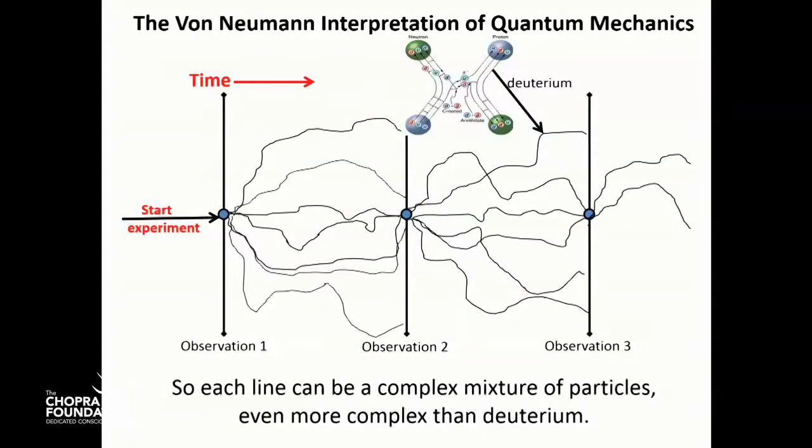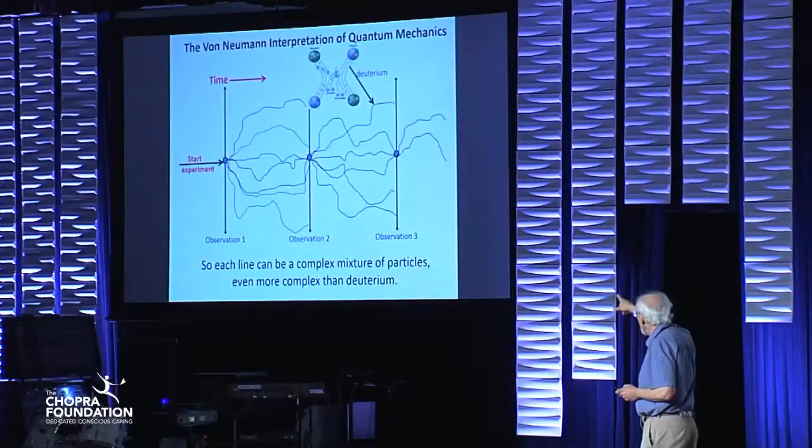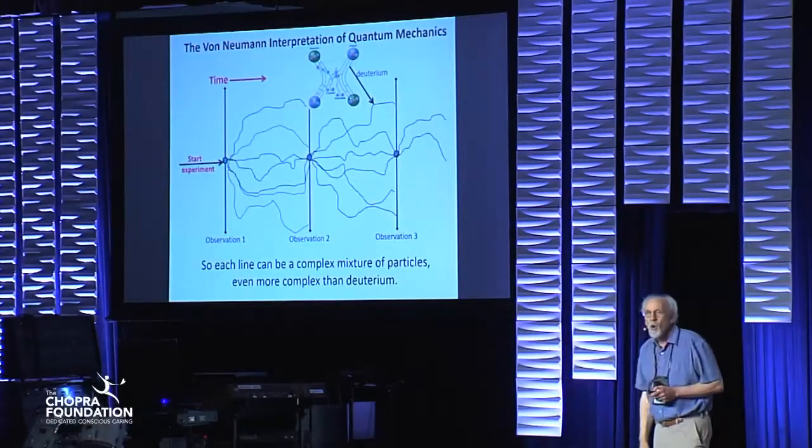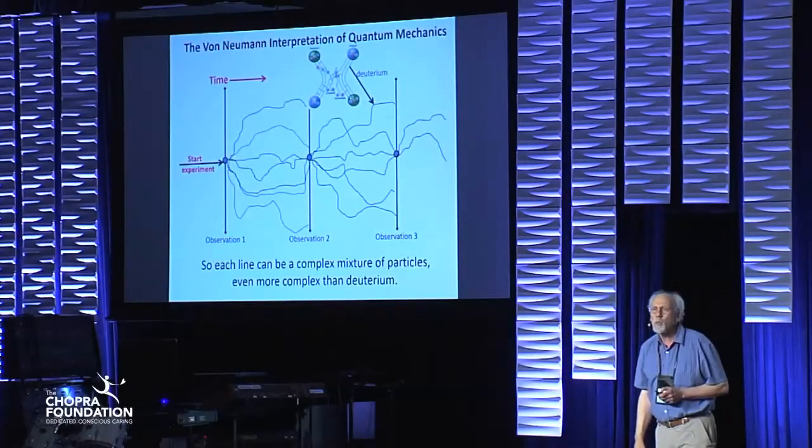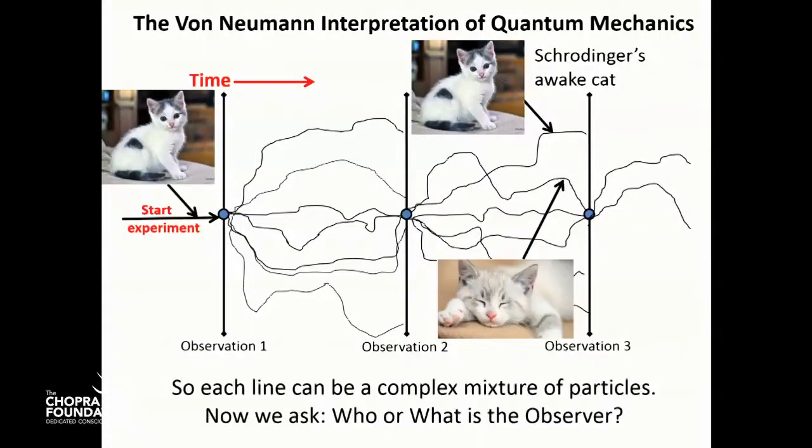Each of these lines can be a deuterium, or maybe even something more complicated than deuterium. Maybe it could be a cat that's alive, or Schrödinger had it as being dead, but this is a sleeping cat. So we can have a cat that's a superposition of being alive or sleeping.